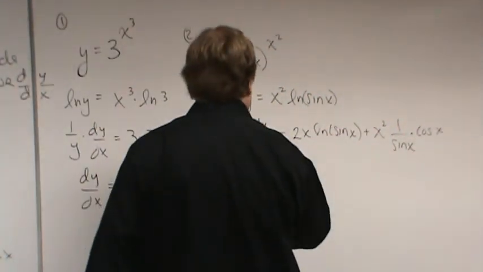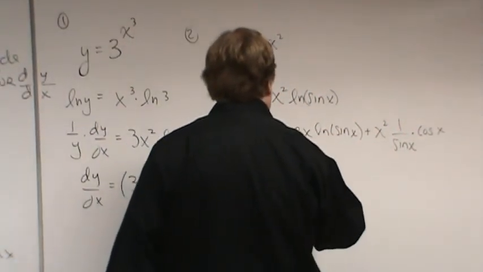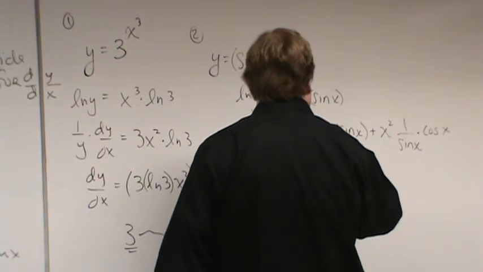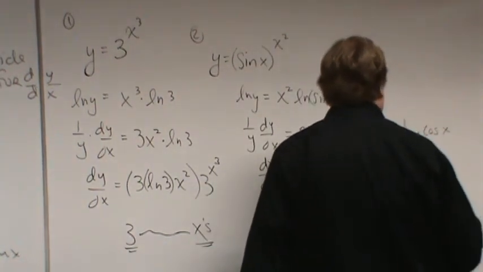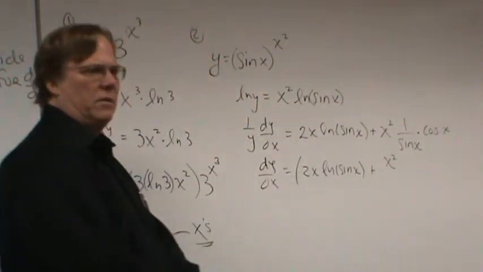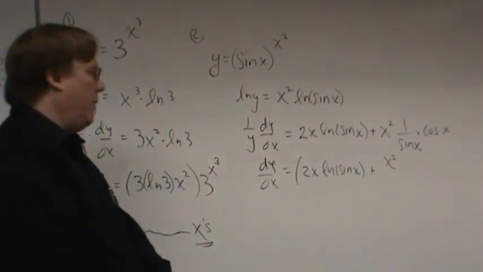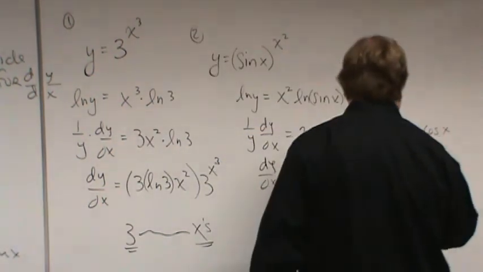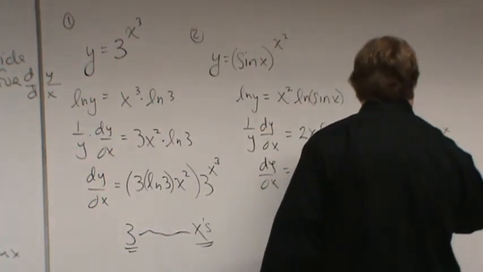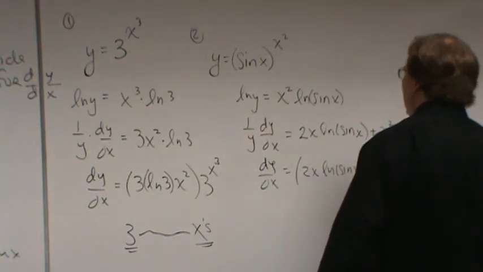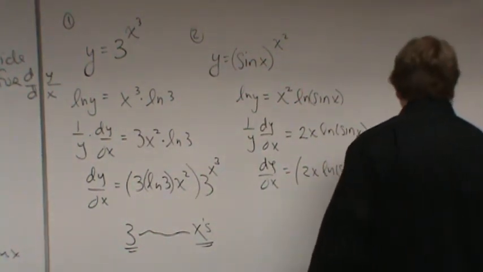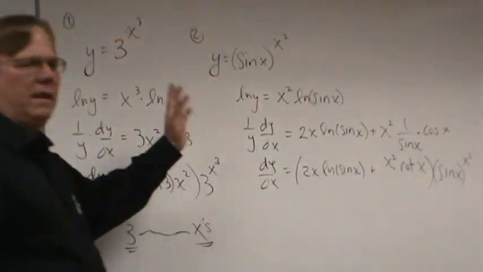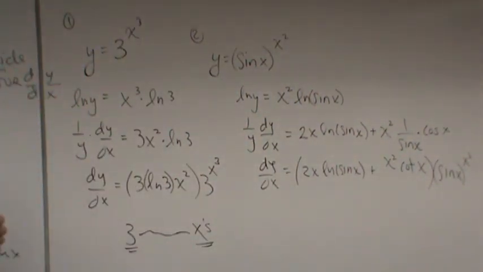And so I get dy dx equaling 2x log natural sine x plus x squared cotangent x, times sine x to the x squared. Cosine x over sine x as cotangent x is fine; the book would probably do 1 over tangent x, but whatever. How many people got that answer? Okay, good. Then I think you're good on logarithmic differentiation.